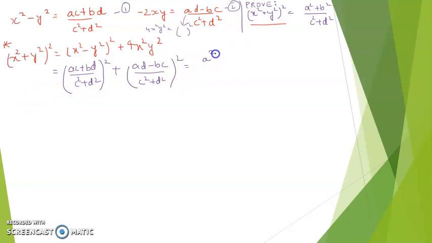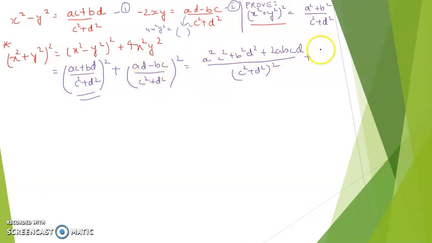ac, so I'm solving directly, a plus b whole square, a square plus b square plus twice ab cd upon c square plus d square whole square. I have solved this, students. Now solve this plus ad minus bc. ad minus bc is a minus b whole square. So a minus b whole square will give me a square plus b square minus twice ab, so twice ab cd upon c square plus d square whole square.